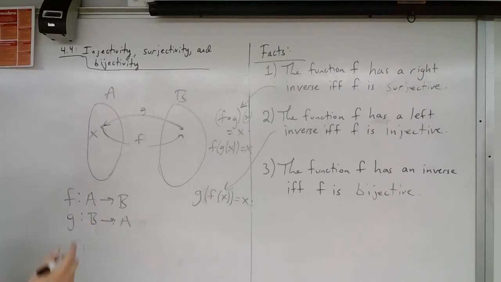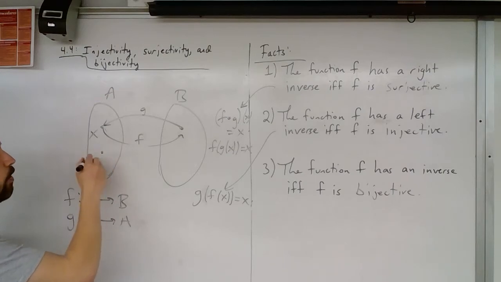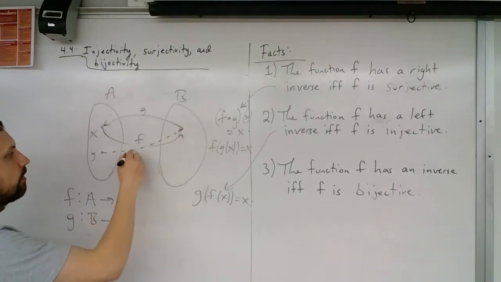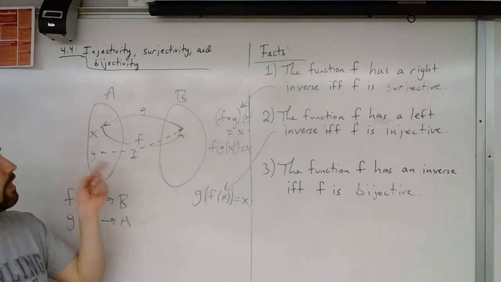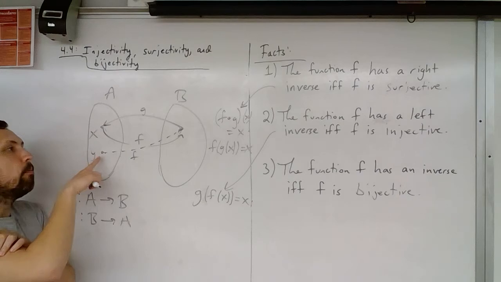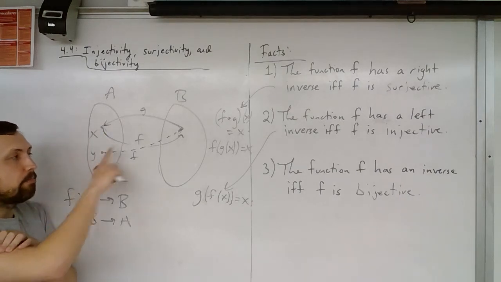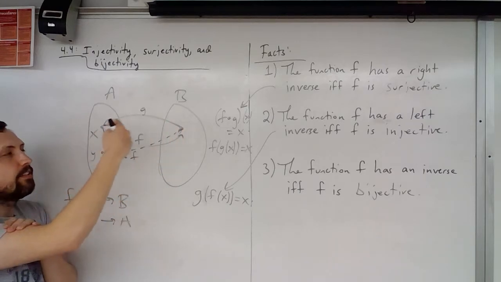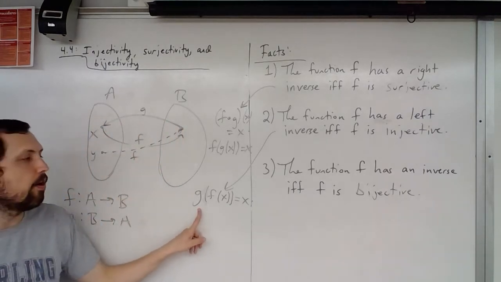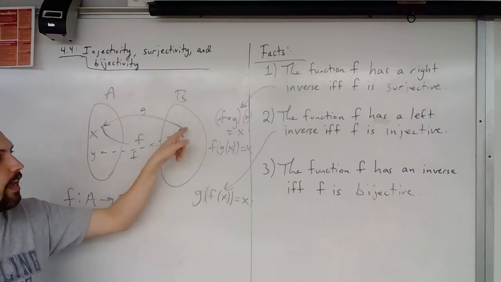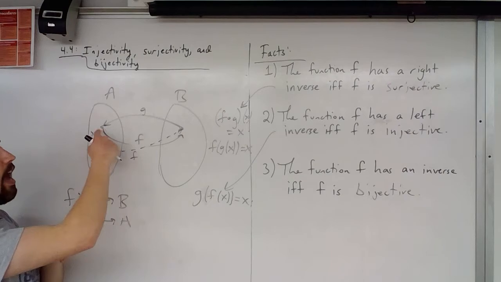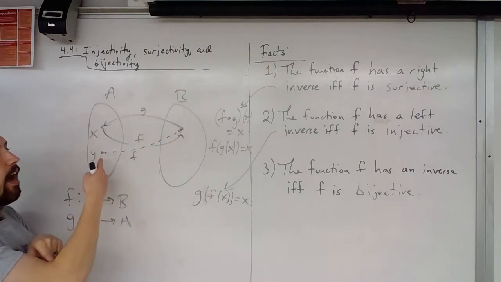We see again that if we want this to be okay, an issue is that if I had two elements that got mapped to the same thing over here, then every element in my domain gets mapped to something in the codomain, which is fine, but when I go back, G has this question of, yes, I have this input for G, but am I going back to X or am I going back to Y?